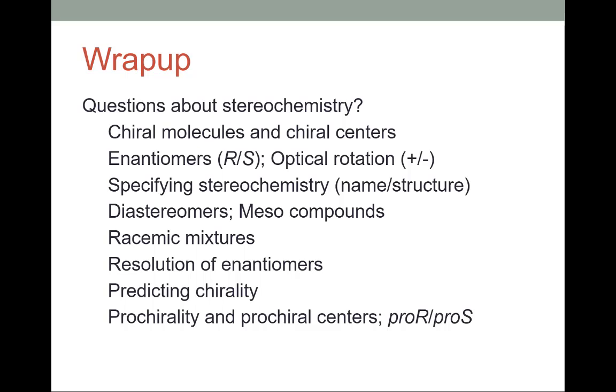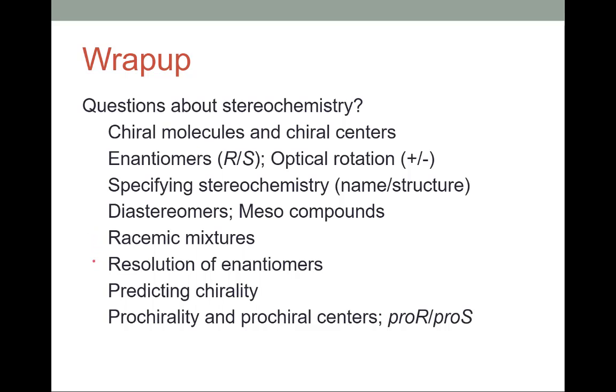When we have multiple stereocenters, then we got into the idea of diastereomers, where part of the molecule is mirrored and part of the molecule is conserved. And the instance where a pair of apparent enantiomers might actually be just one compound if there's internal symmetry, so-called meso compound. The idea of racemic mixtures as a perfect balance of the two. This often happens when we use non-specific chemistry to generate those molecules.